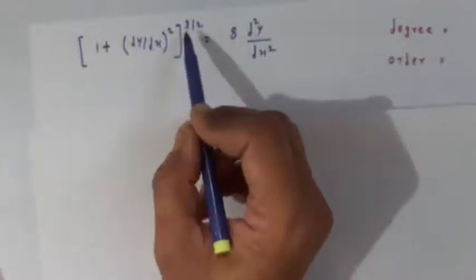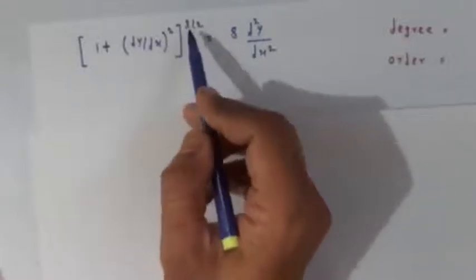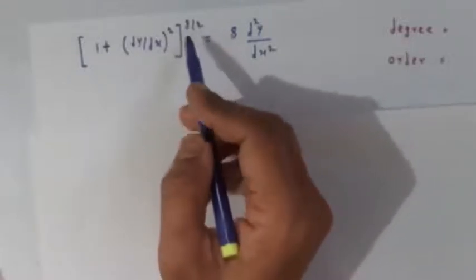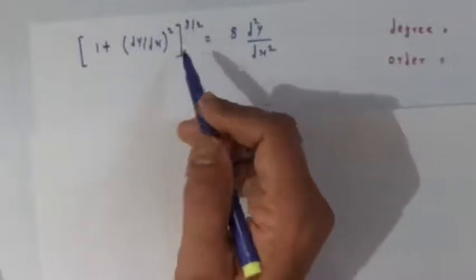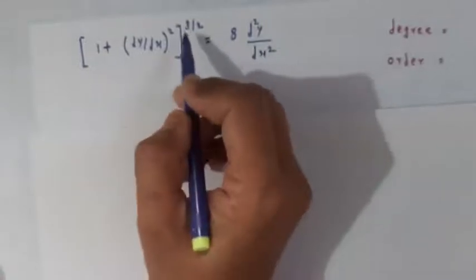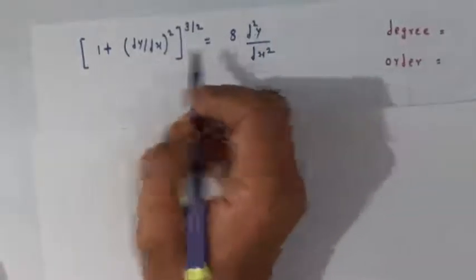Here the power on the LHS is in fraction form, so first convert it into an integer. To do that, we square both sides.